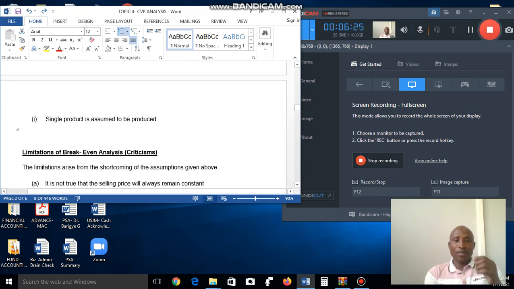Then the single product is assumed to be produced. This analysis assumes that the organization is producing only one item. If it is producing, maybe, like the car tires, that is only that. It doesn't produce some other items.